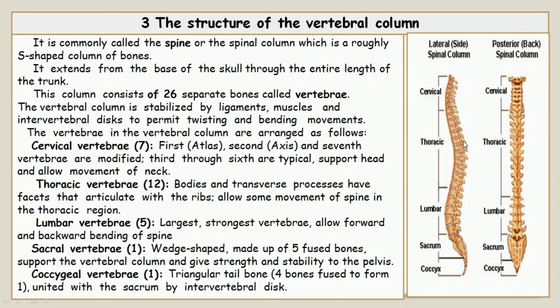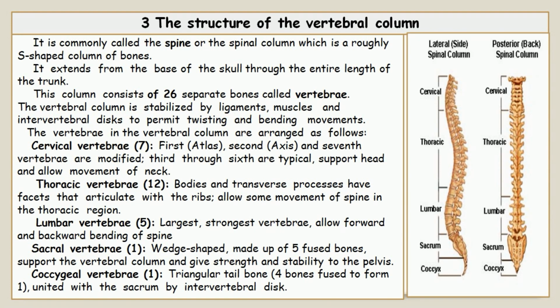The structure of the vertebral column. It's commonly called the spine or the spinal column, which is a roughly S-shaped column of bones. It extends from the base of the skull through the entire length of the trunk.